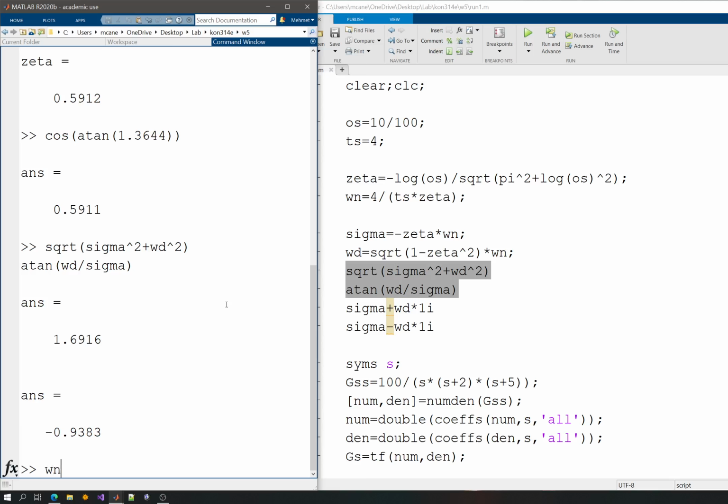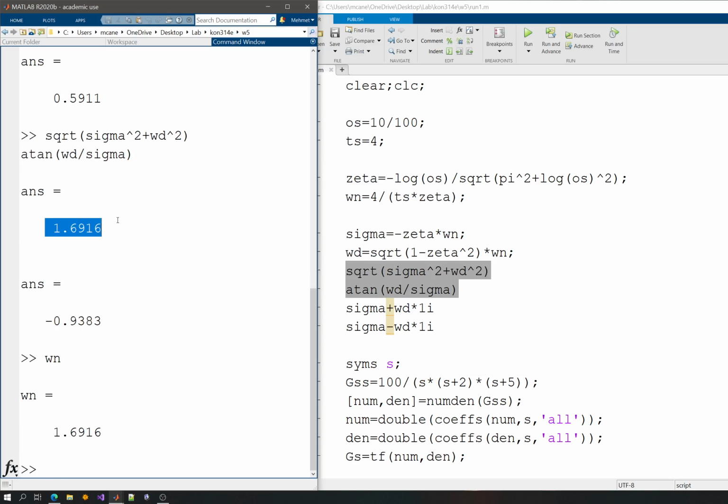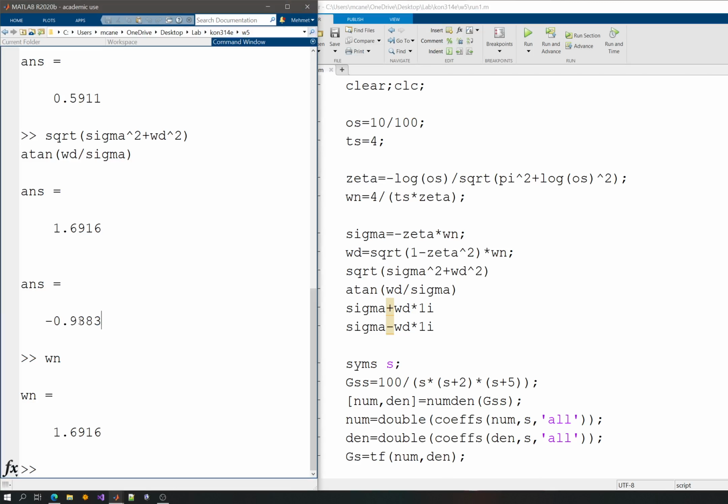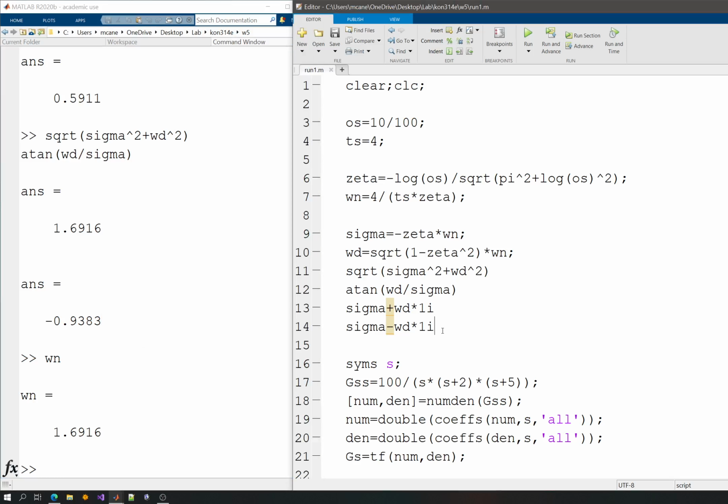And since I have omega n, you can see that I have basically calculated my omega n. Now, this atan gives me a degree, and I have to take the cosine in order to check what zeta is, since minus zeta omega n divided by the square root of 1 minus the square of zeta gives me the tangent of that, which gives me this here, and so on and so forth. Now, you get the idea.